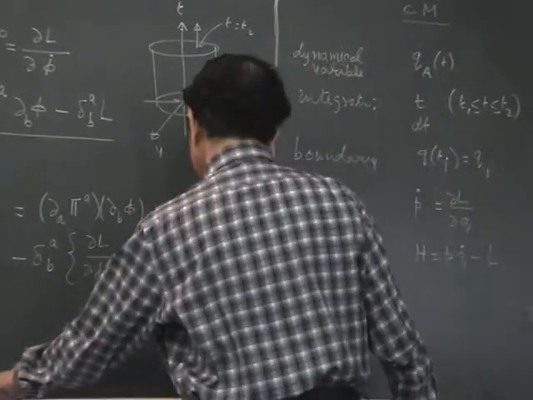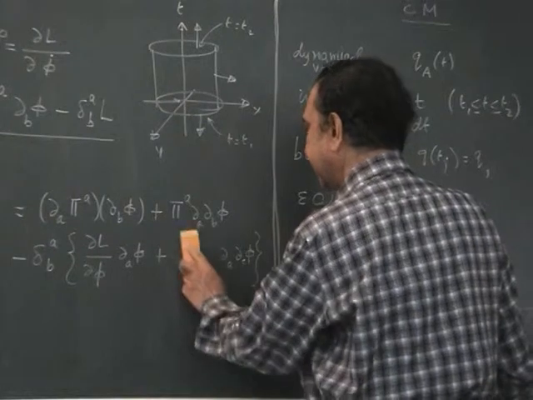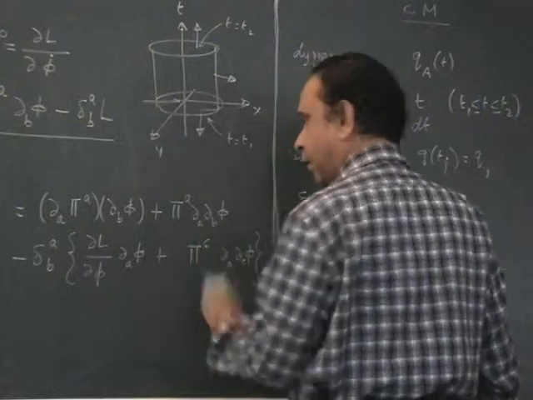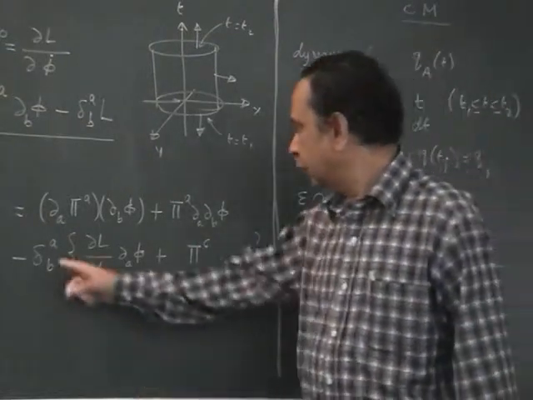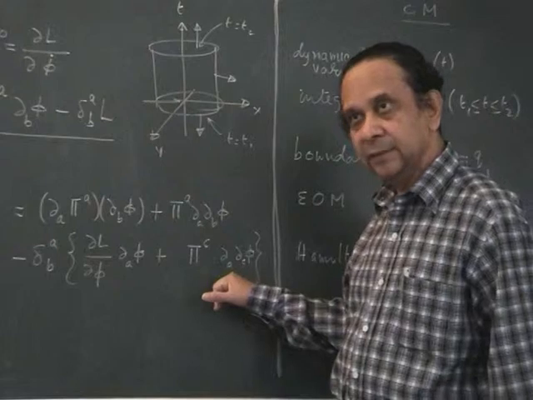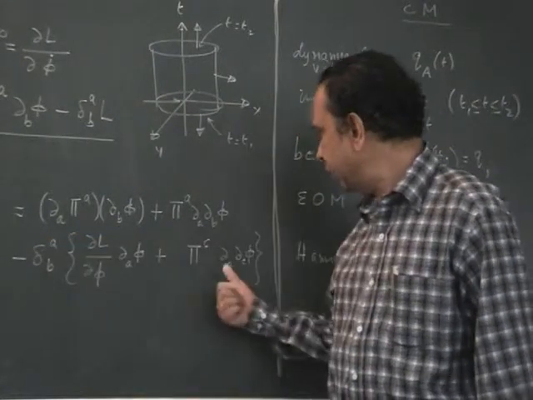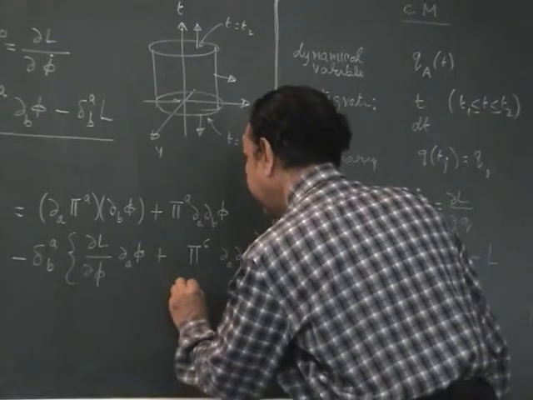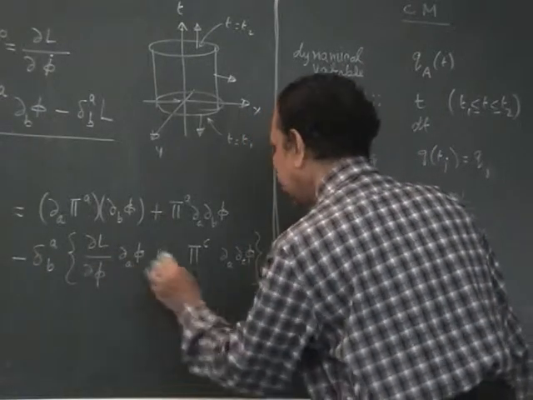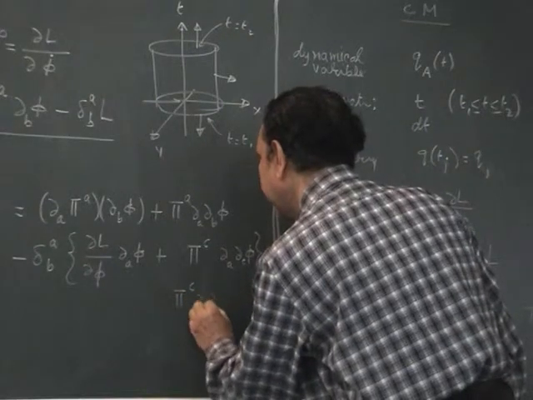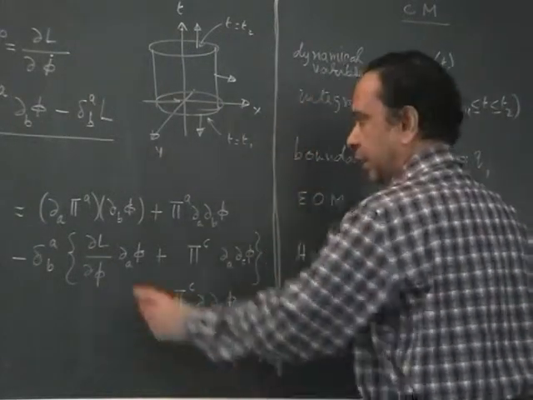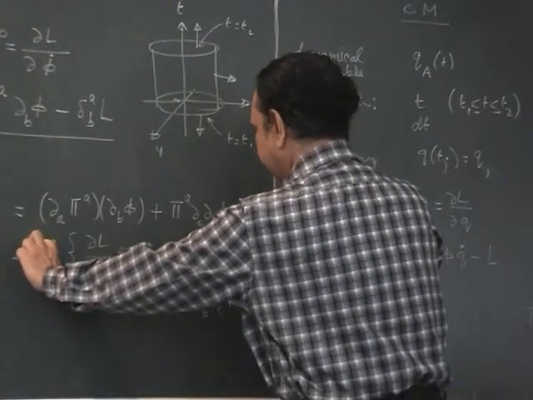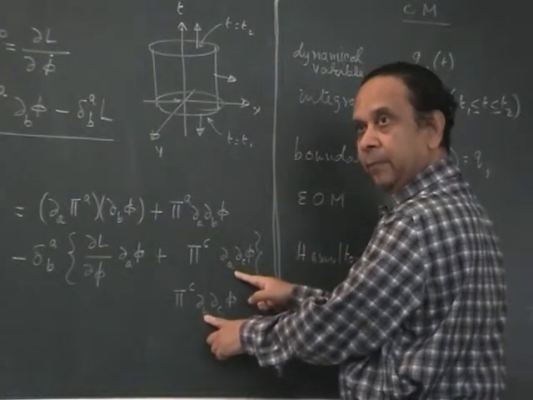Fine. What is this quantity? This is just pi C. So I have a delta AB hitting this. The delta AB on this is going to give me, okay, this is pi C. If I take this inside, dB dC of phi, because there is a delta AB going to hit this dA, that is going to make it dB.